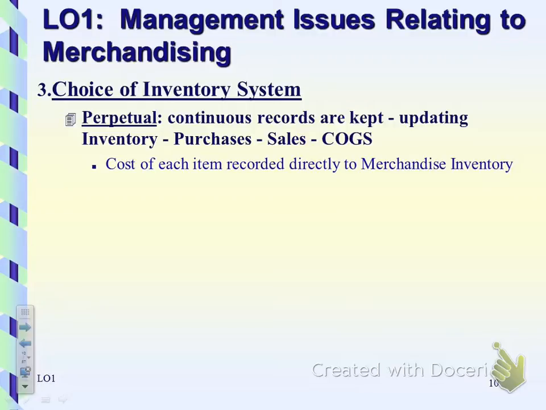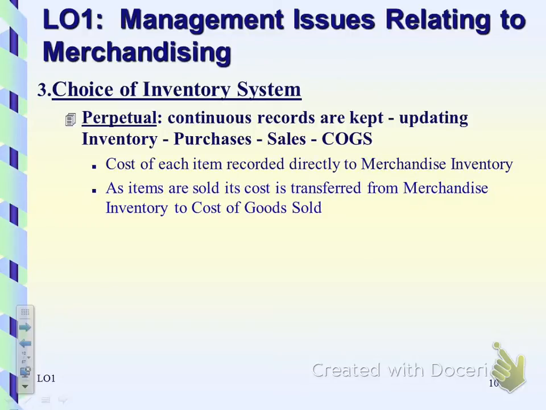You had to manually update your inventory. Now with computers, you can do it on an automated basis, which makes managing a perpetual inventory much more feasible. As items are sold, its cost is transferred from merchandise inventory to cost of goods sold.